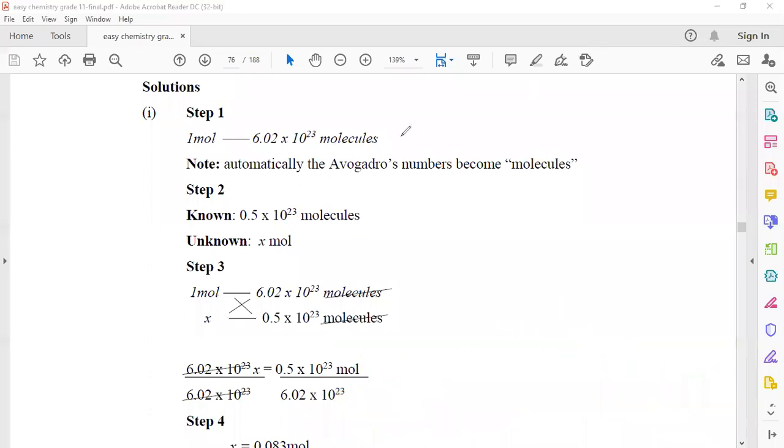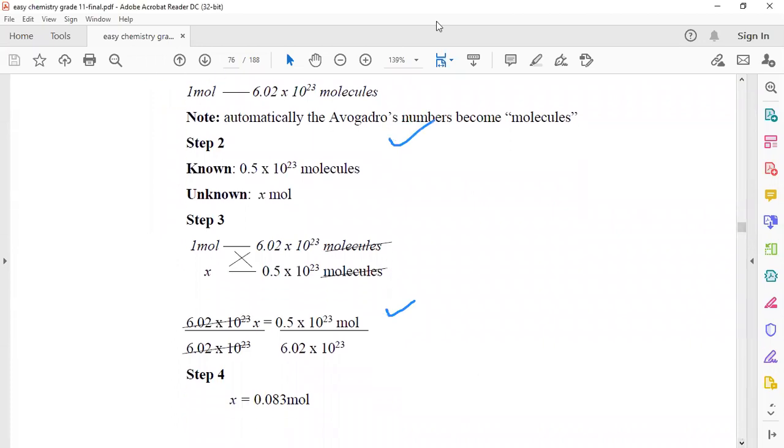You state the relationship first, then you have the number of molecules, so you cross multiply, then you have x multiplied by that, and that will be divided by 6.02 throughout, so that your x becomes 0.083 moles.